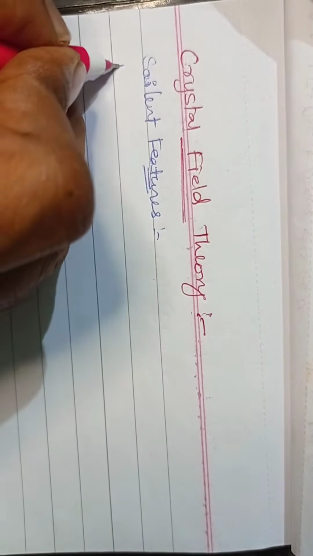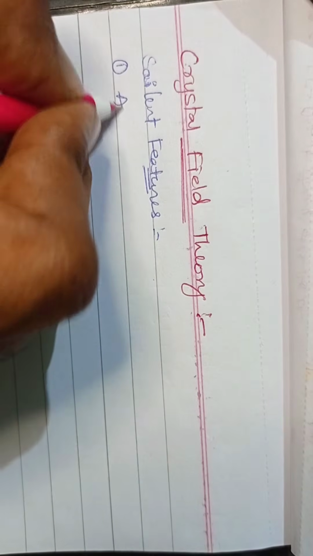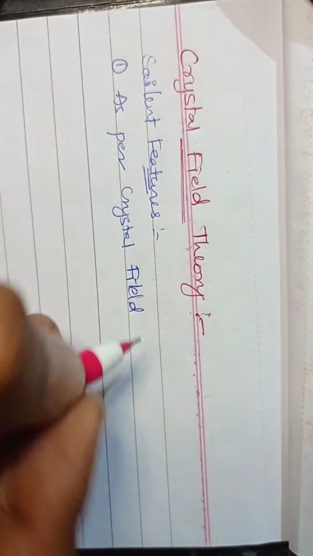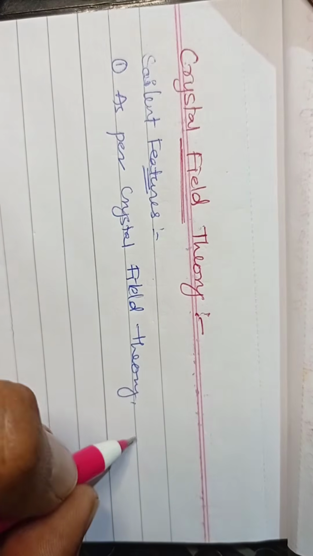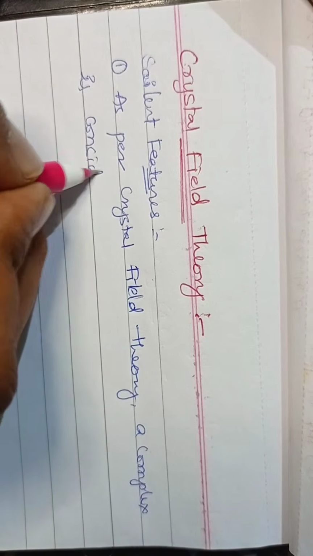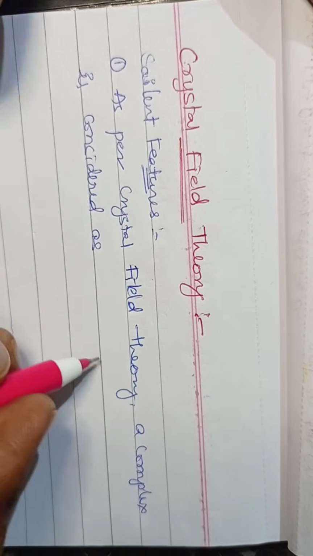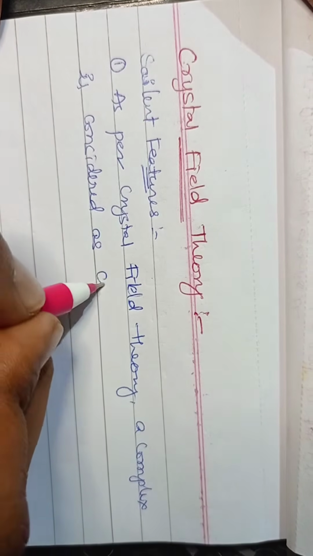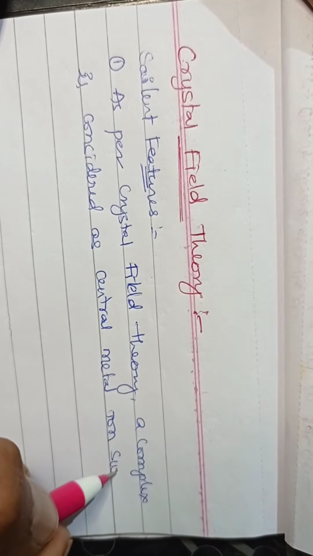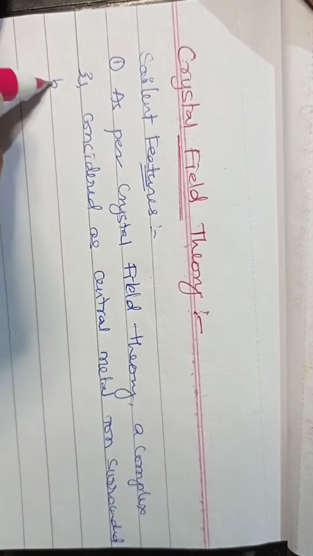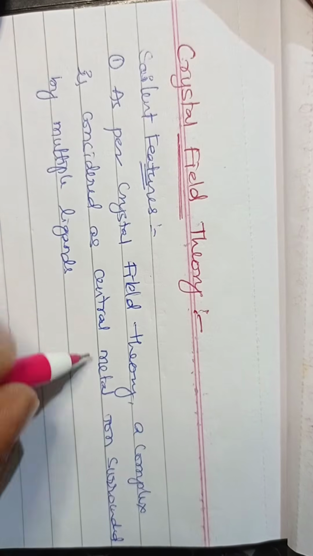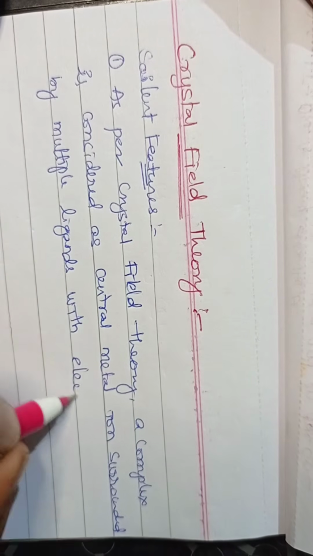of crystal field theory. The first statement is, as per crystal field theory, a complex is considered as a central metal ion surrounded by multiple ligands with an electric field.